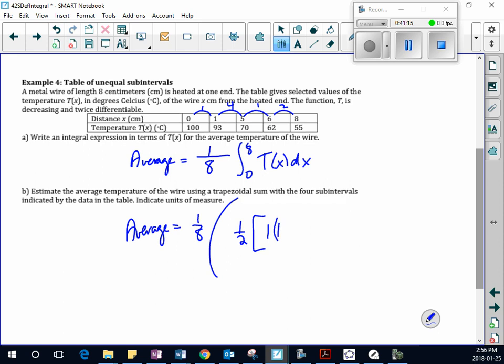So 193 plus, what's the width here? 4. And then we have to add up 93 and 70. So what's that? 163 plus, what's the width here? 1. And this is 132 plus 2 times, what's the width here? 117?